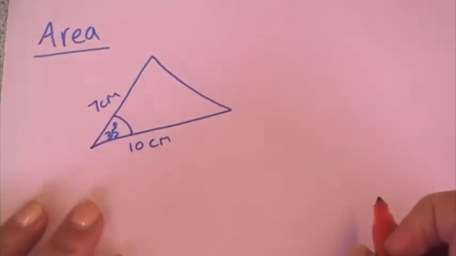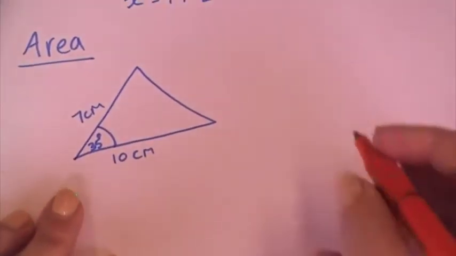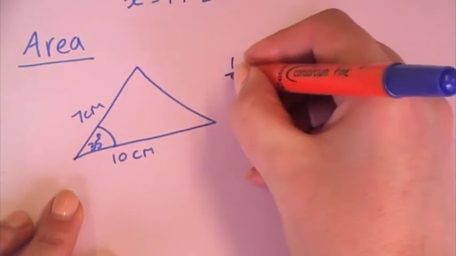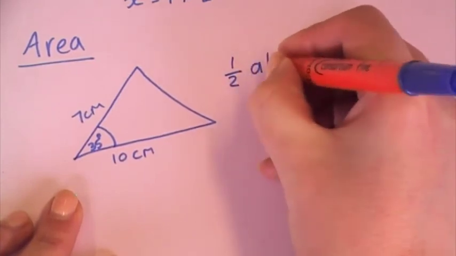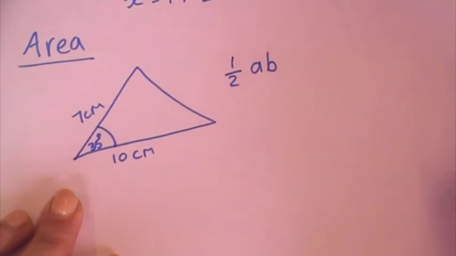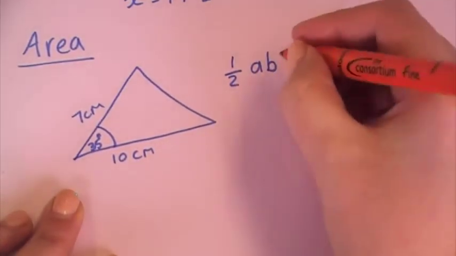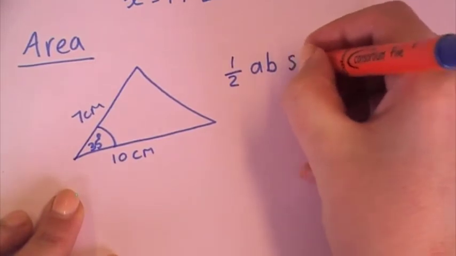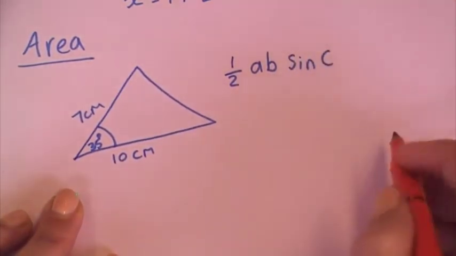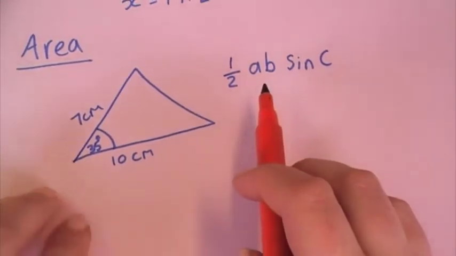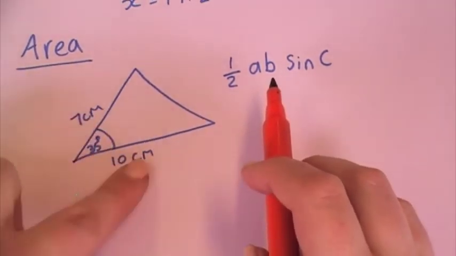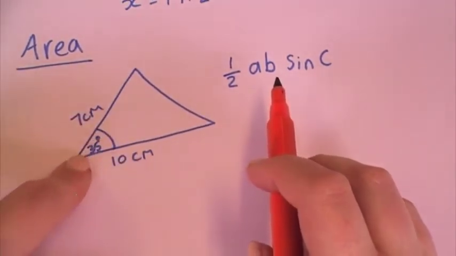So, to find the area of this triangle, first of all, I'm going to copy the formula down from the formula book. Half AB. Oh, look, that's like the area of a triangle, half base times height. But, just like with the cosine rule, you've got a bolt on. And in this case, it's sine C. Now, I could call that AB and angle C there.